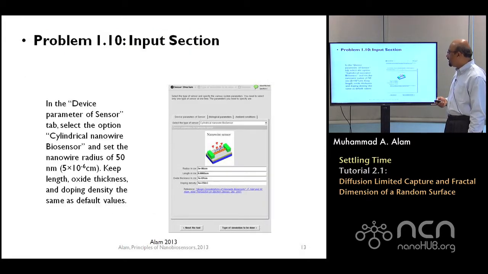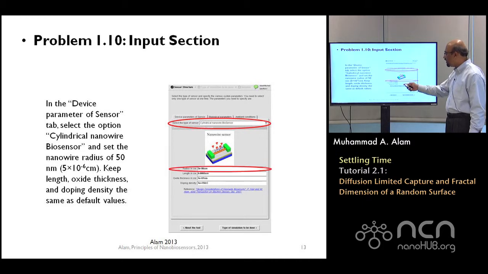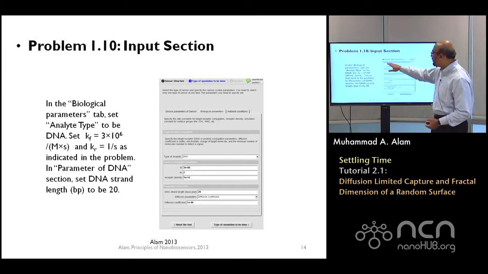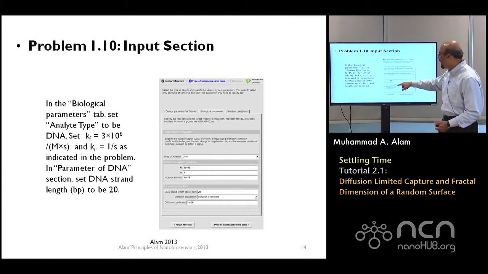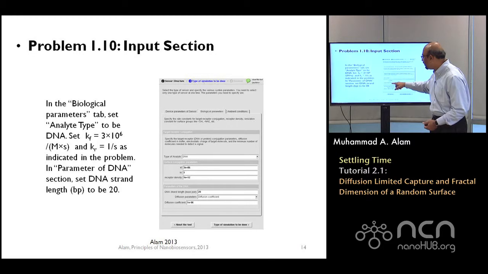So, these instructions are all given, and hopefully you were able to follow that. You went through different panels and essentially chose the cylindrical sensor, chose appropriate parameters. First was the sensor structure, then types of simulation to be done. You chose the appropriate value for Kf and Kr from the table, and receptor density 1e20 × 12.